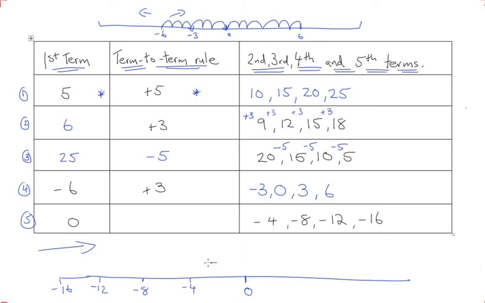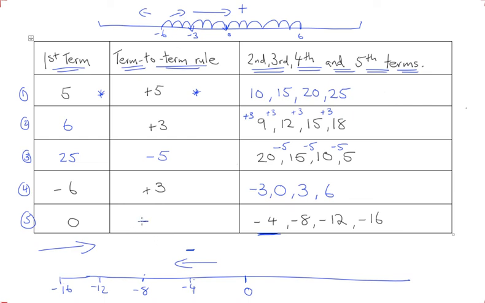So we are moving along the number line to the left. So when we moved to the right, we were adding. So if we're moving to the left, we must be subtracting. So you can see it goes from 0 to minus 4 to minus 8 to minus 12 to minus 16. You can see that here, okay?